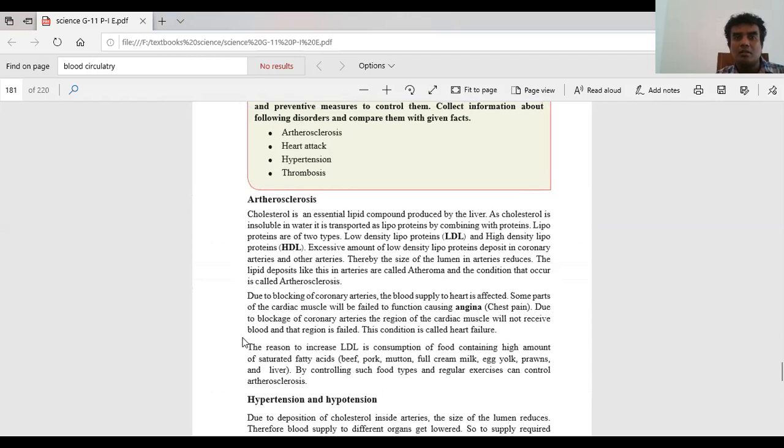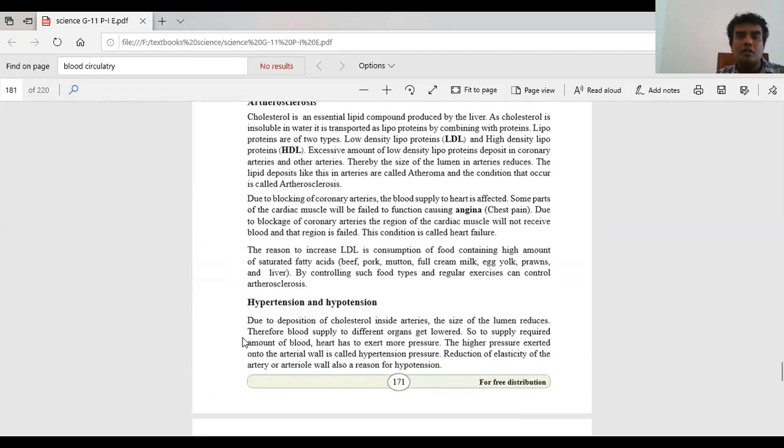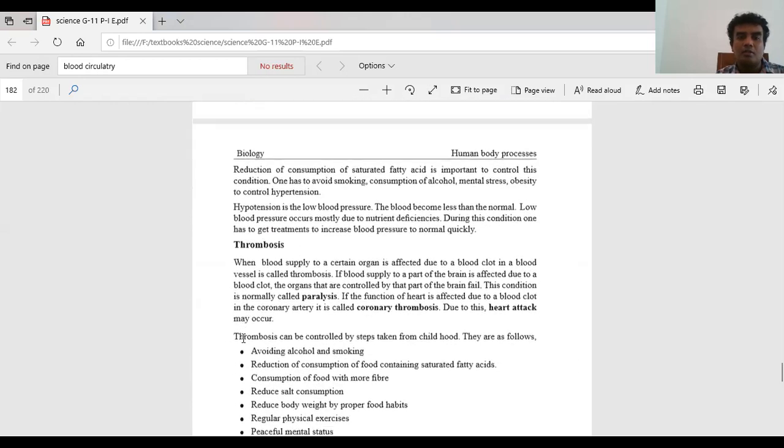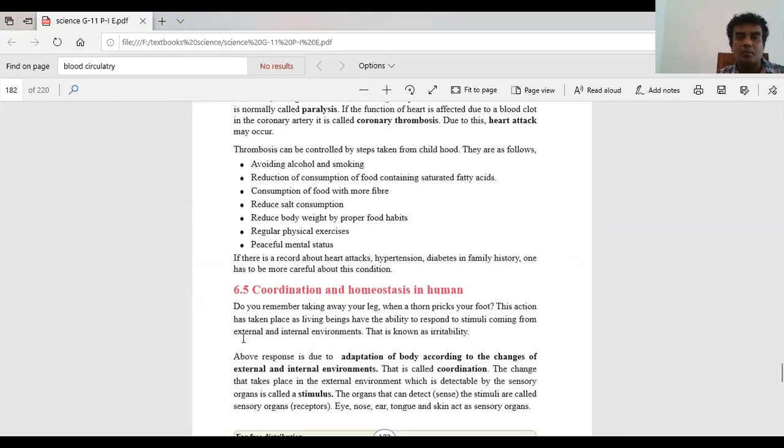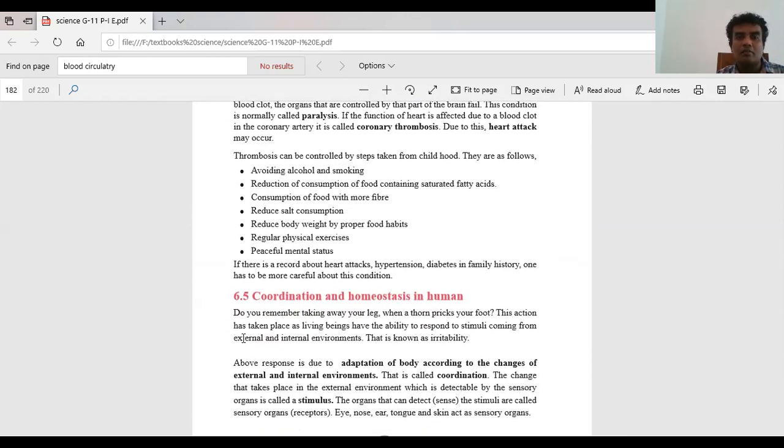Then we discussed hypertension and hypotension, which happen due to changes in the regular blood pressure. There are two cases. High blood pressure is hypertension. Low blood pressure is called hypotension. These are the things that we can follow to control most of the diseases related with the blood circulatory system.